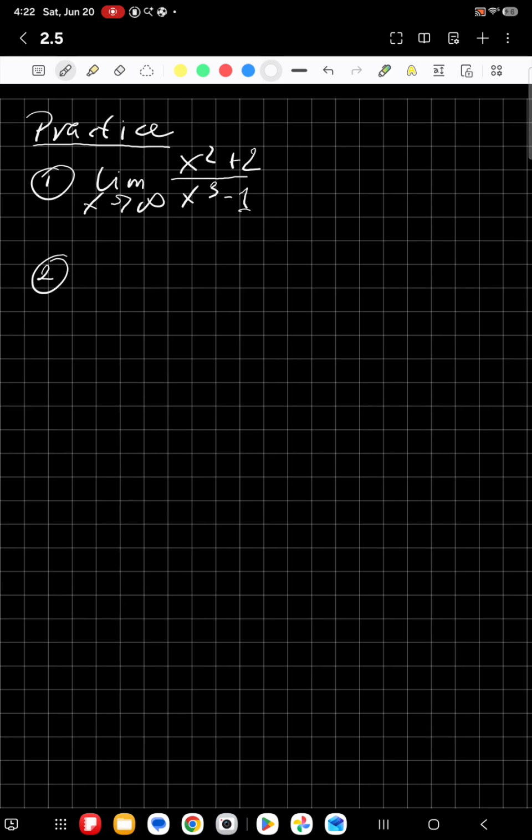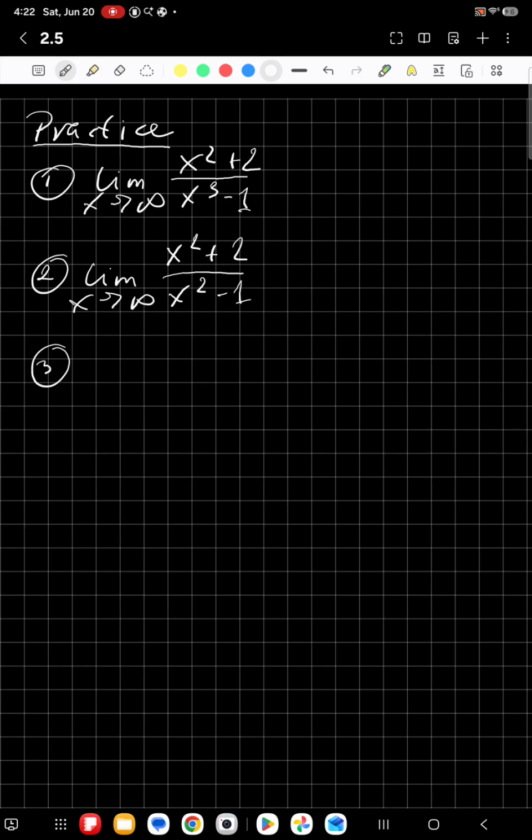Number 2 is the limit as x goes to infinity of x squared plus 2 over x squared minus 1.